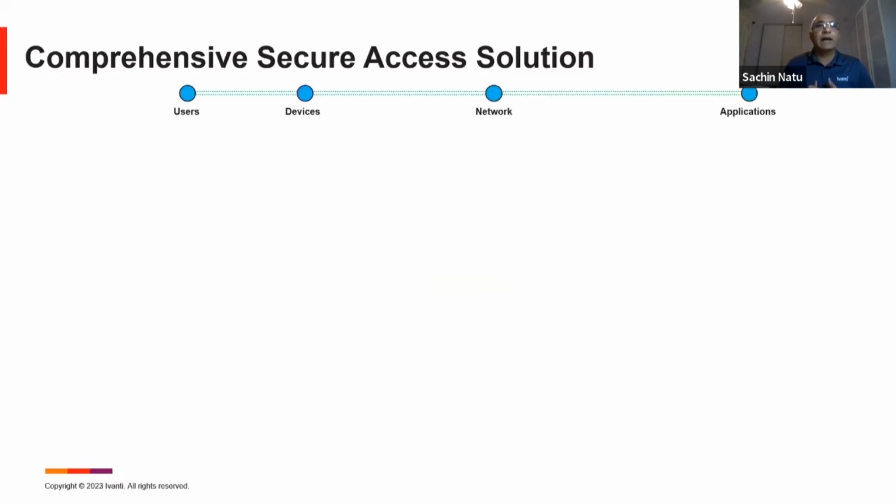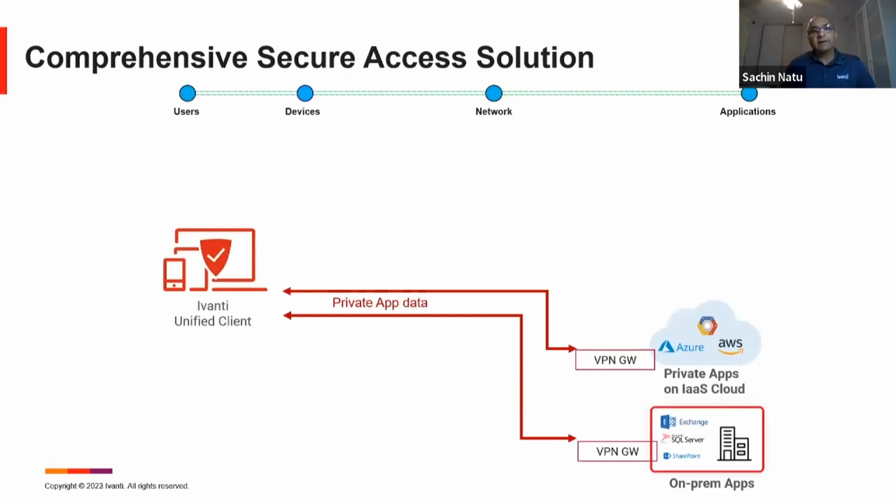So let's take a look at a network. In a network, there are users who use devices, and from those devices they use the network to access the applications. Looking at how the transition has been, take the example of a laptop or a mobile: you had a VPN client, and you used it to access all the private applications, whether the applications were on-prem or on the private infrastructure as a service or SaaS cloud.